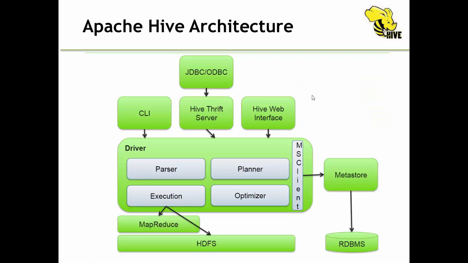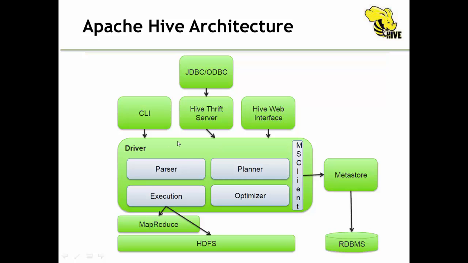Hive architecture consists of all these components. As we just saw, Hive web interfaces include HDInsight and Hue Editor. JDBC and ODBC use the Hive's Thrift server interface to get connected to the drivers, and command line directly connects to drivers.